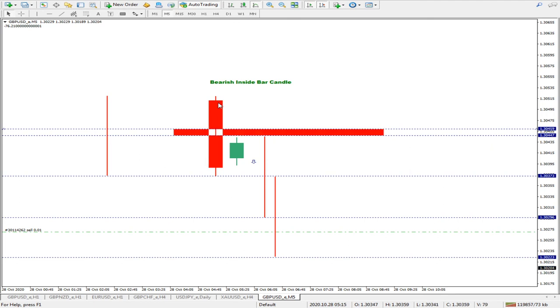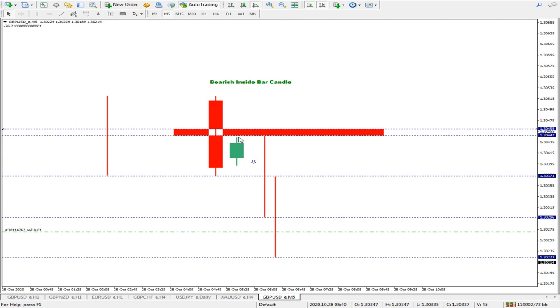So when you have a very good level and the price has broken below it, then the next candle, which opens here, tries to go up but does not break beyond this level. Instead, it ends up being an inside bar candle. Then this is always the correct time to use the inside bar as a strategy.